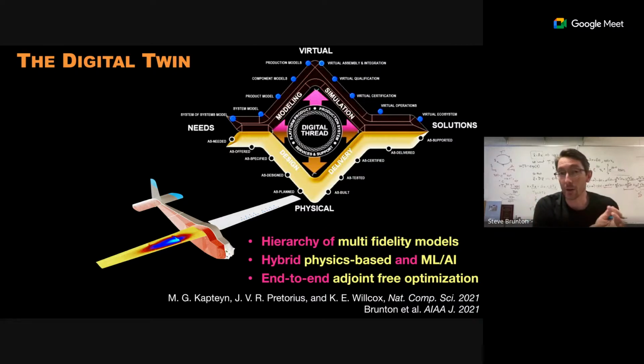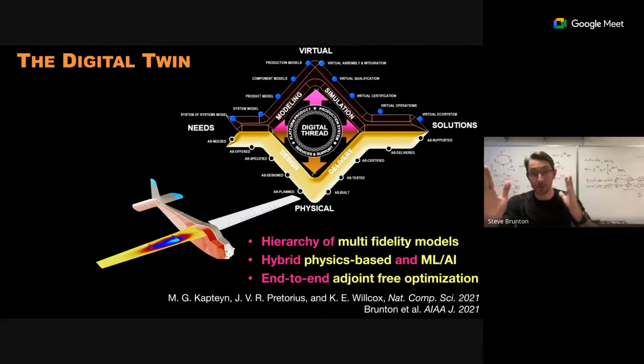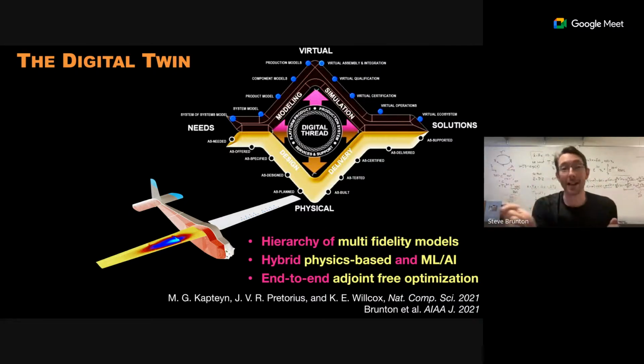But I think for the Google crowd, you should appreciate the real benefit here: if my digital twin is developed in a machine learning environment, then it will have end-to-end adjoint-free optimization. I can do optimization from point to point without actually computing an adjoint by hand. That's huge. That saves hundreds of human hours over the course of a large project.